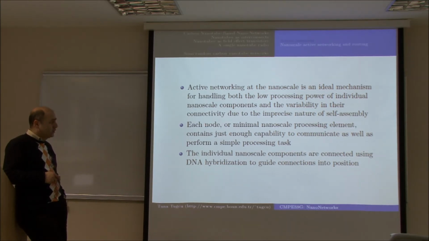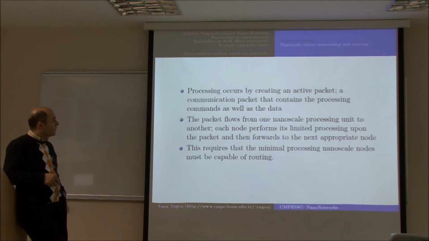Each node in this nanoscale, in other words, these nano routers, contains just enough capability to communicate and do some simple, limited processing. So the individual nanoscale components are now connected using, for example, DNA hybridization to guide the connections into the positions.